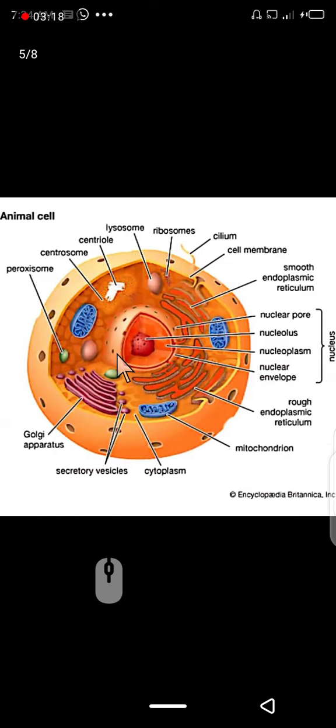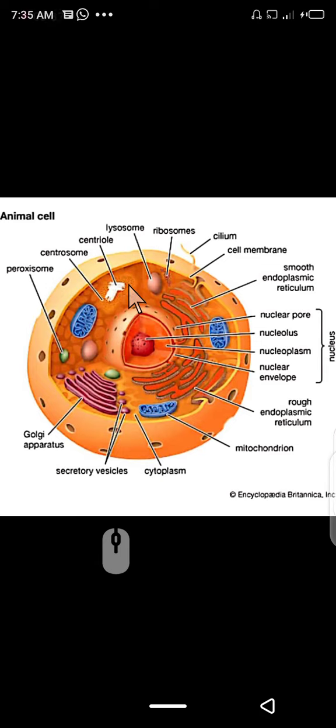So let's now talk about the eukaryote cell. What we have here is a detailed structure of a eukaryotic cell, and in this case we have an animal cell. We'll talk about the differences in a future slide, but for now let's just look at the organelles that are there.